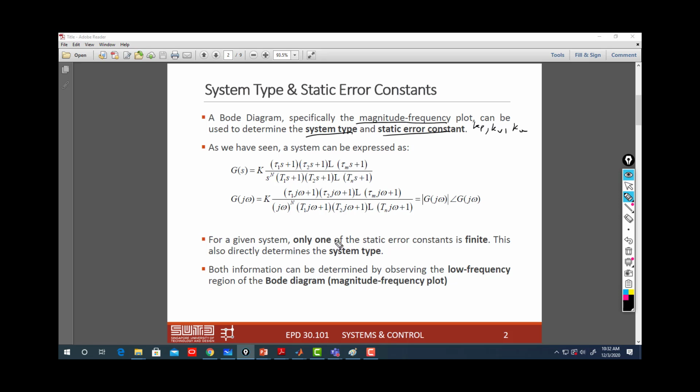For a given system, only one of the static error constants is finite, this we know, and it also directly determines the system type. So both pieces of information can be determined by observing the low frequency.